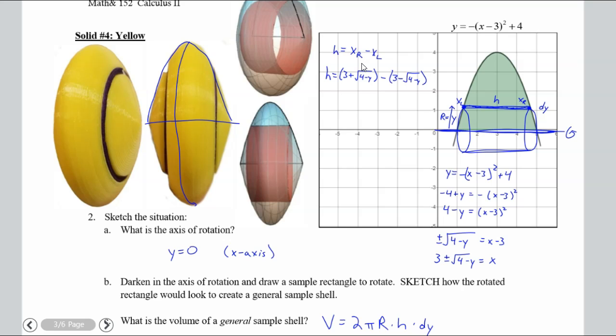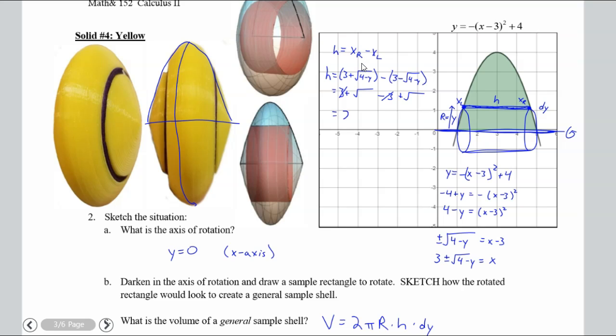And I can distribute the negative, right, so this is going to give us 3 plus that root, and I'm just going to shorthand this step, minus 3, and then plus that root again. Negative times negative will be plus, and that 3 and negative 3 are going to subtract out, so those are gone. And we have basically this root plus the same root.